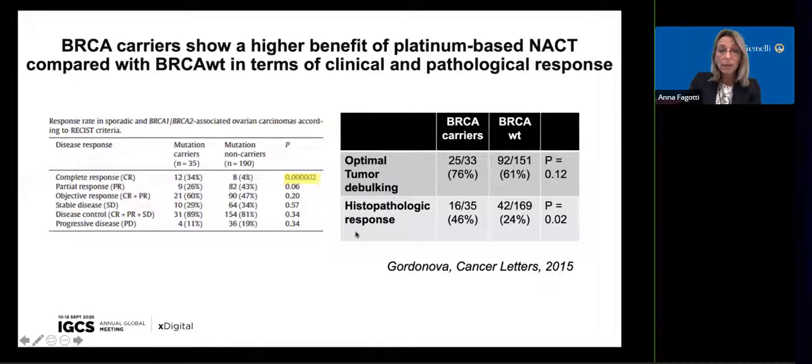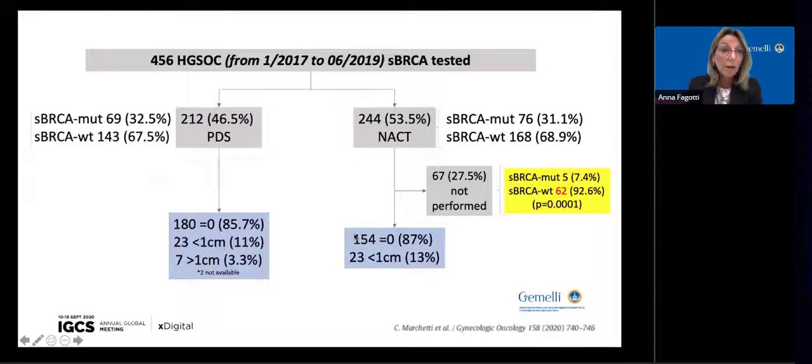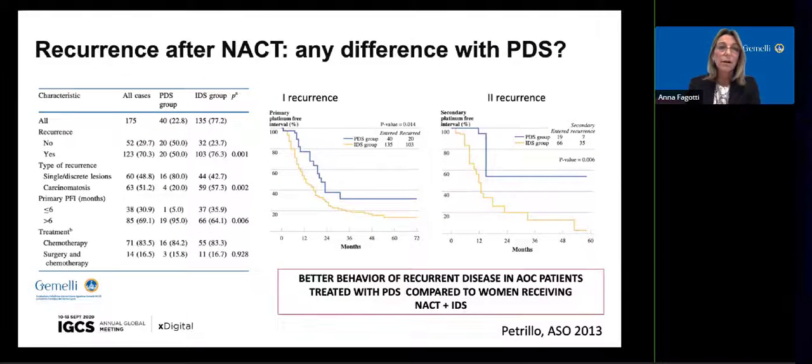And also, in our series of around 456 patients who were tested for BRCA somatic mutations, you can see that among those cases who received neoadjuvant chemotherapy, those who did not achieve interval debulking surgery for stable or progressive disease had mainly a wild type BRCA status with 92.6% versus 7.4%.